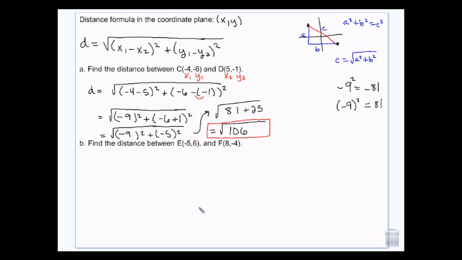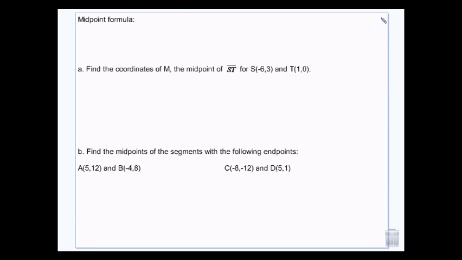And it's not simplifiable. When we talk about midpoint, midpoint is an actual point. It's not a length, so we're finding coordinates. So we're going to be finding an actual coordinate pair, x and y. The formula for that is m, which is the midpoint, is equal to x1 plus x2 divided by 2, and y1 plus y2 divided by 2.